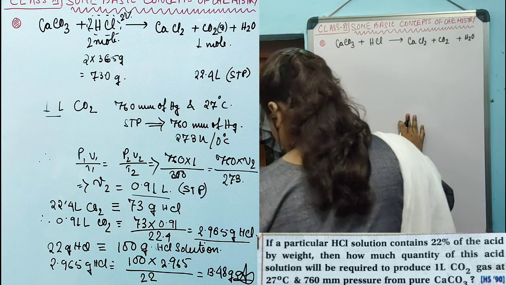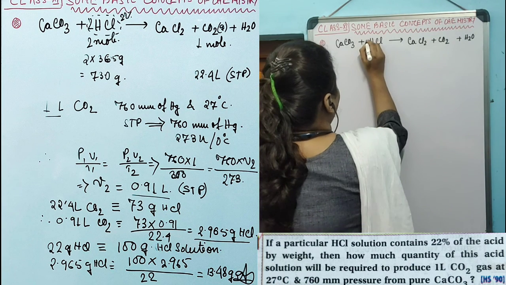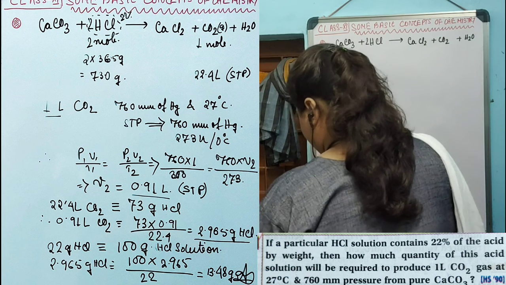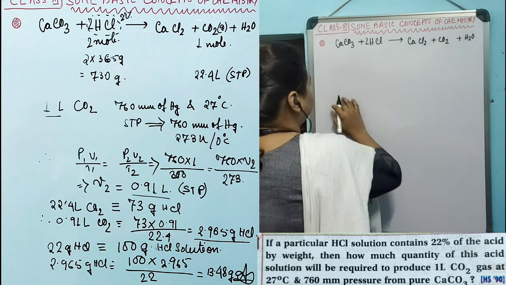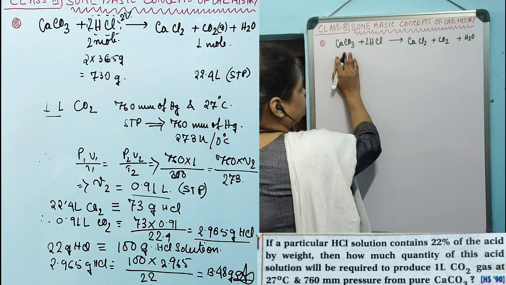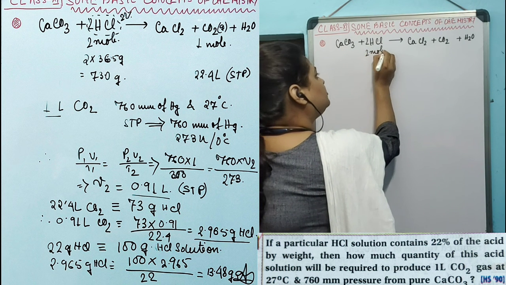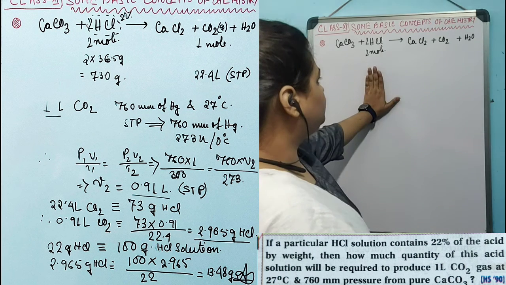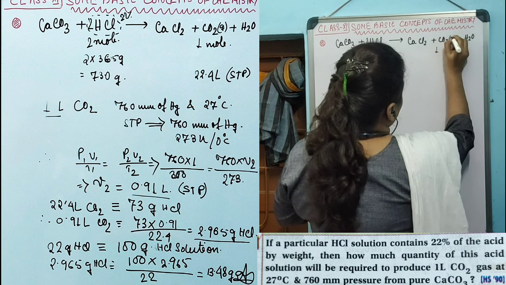Now, to balance this entire equation, we need to multiply 2 with the HCl and it will give our balanced chemical reaction. Meaning that 1 mole of CaCO3 is required to react with 2 mole of HCl to produce 1 mole of carbon dioxide gas.